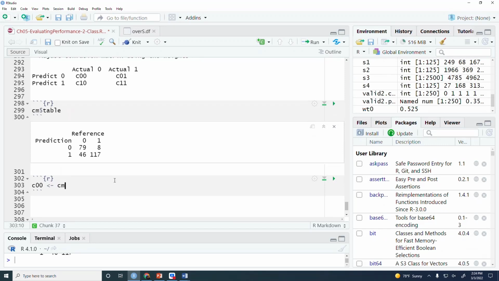That would be in the CM table, the first row and the first column, right? So that's that. We need 4 of these.